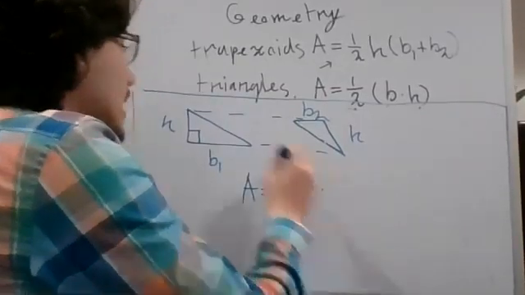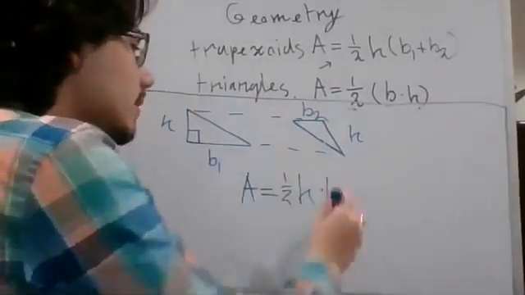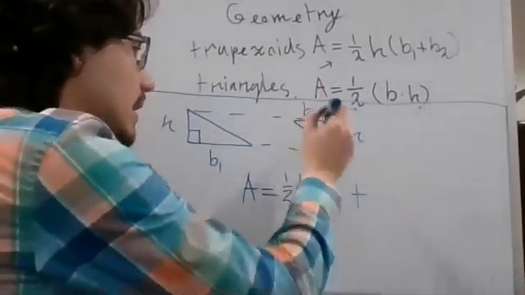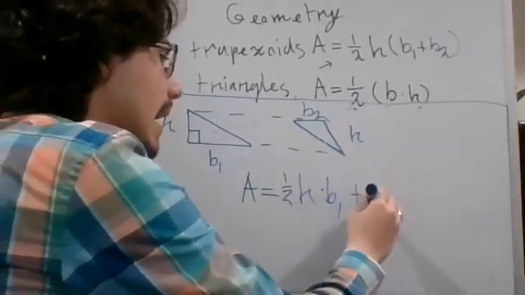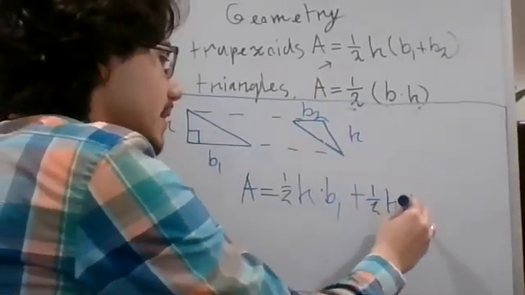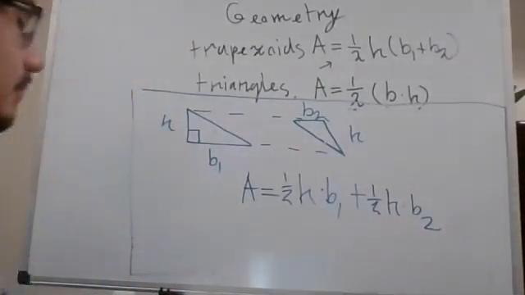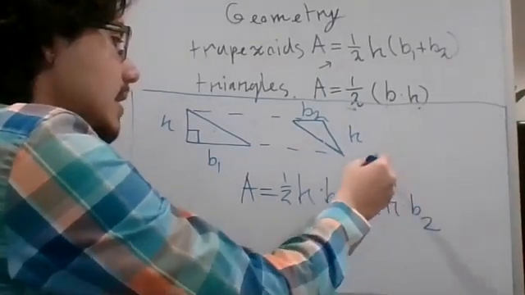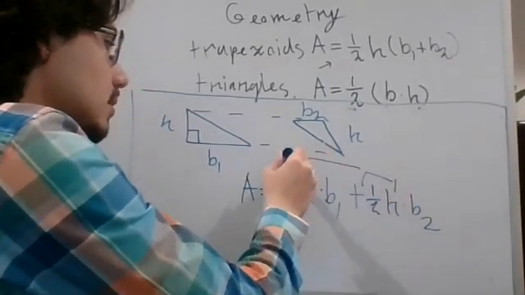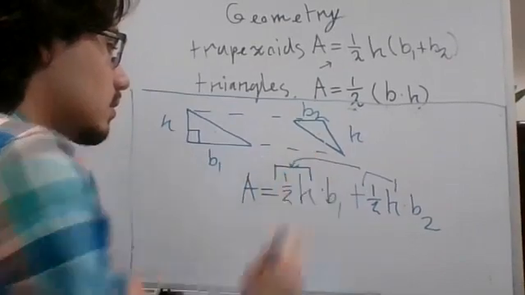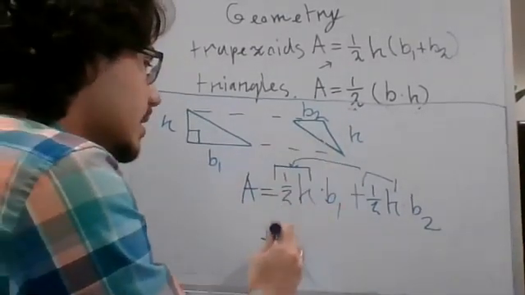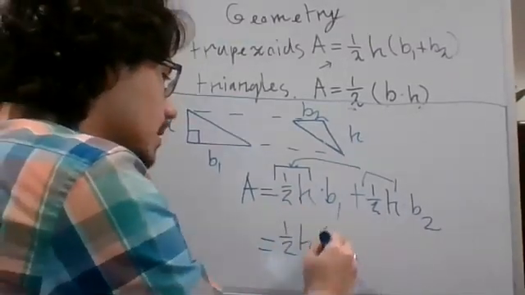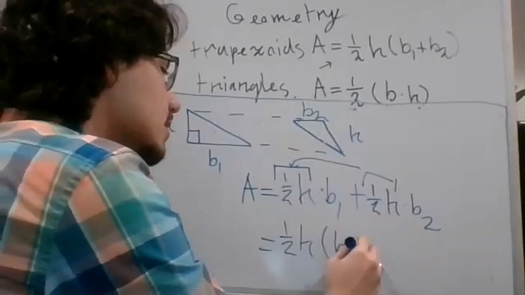So height, in this triangle's case, it is base 1. And in this triangle's case, we know that the area of this triangle is 1/2 height times base 2. Because we can see that each area equation contains 1/2 and height, we can simplify the equation into 1/2 height times base 1 plus base 2.